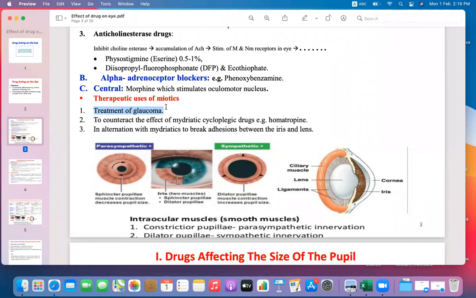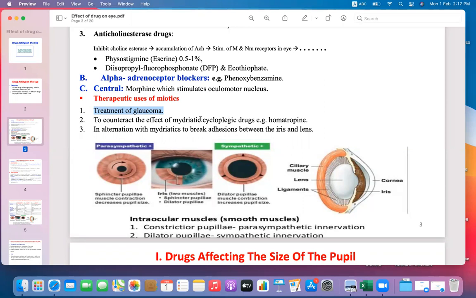So glaucoma is responsible for blindness in most old age persons more than 60, due to damage to the optic nerve or due to intraocular pressure. So the miosis effect is used to manage glaucoma, to counteract the effect of mydriatic cycloplegic drugs.